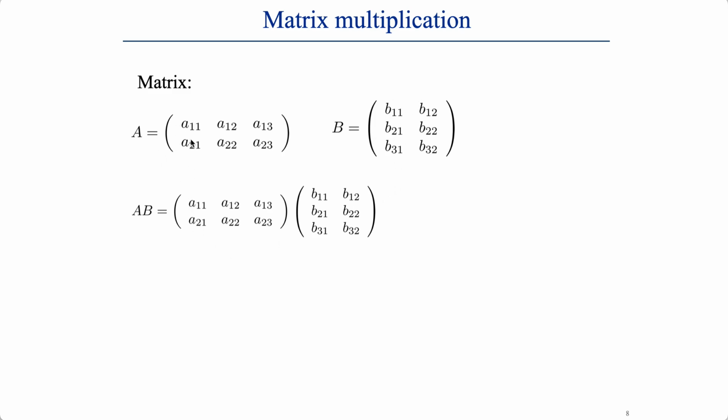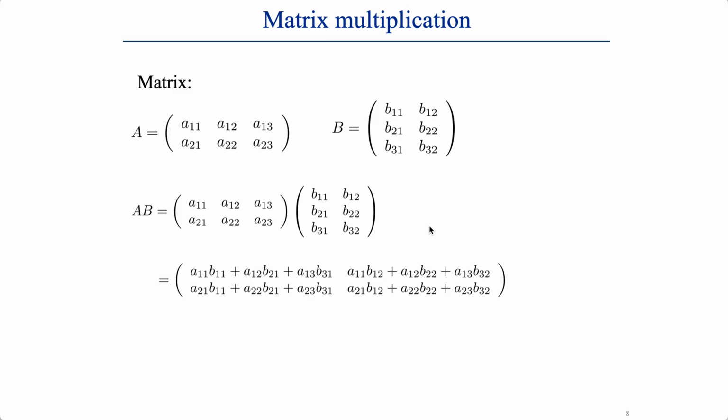A sets the number of rows, B sets the number of columns, but the opposite ones have to match. There are 3 columns in A, so there have to be 3 rows in B. The inner dimensions of the matrices have to match, so that we can do this and get the right number of elements to make a 2-row by 2-column matrix. Okay.